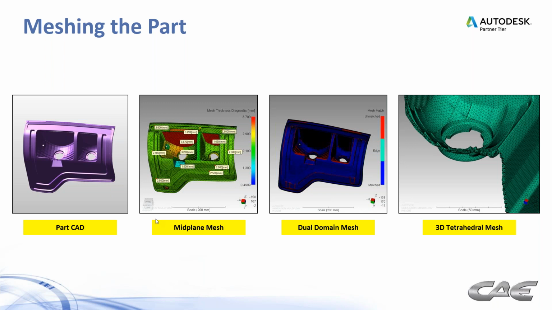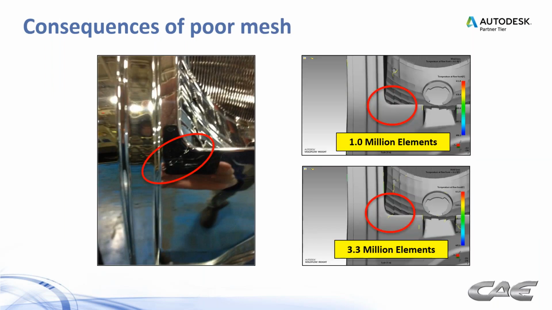I'm not going to go into great detail on that here, but just know that when we build our simulation models, we have to pay a lot of attention to the mesh, how we mesh it, mesh densities and so forth, and which type of mesh we pick to get the answers that we're looking for. And here's one of the consequences of using a poor mesh.